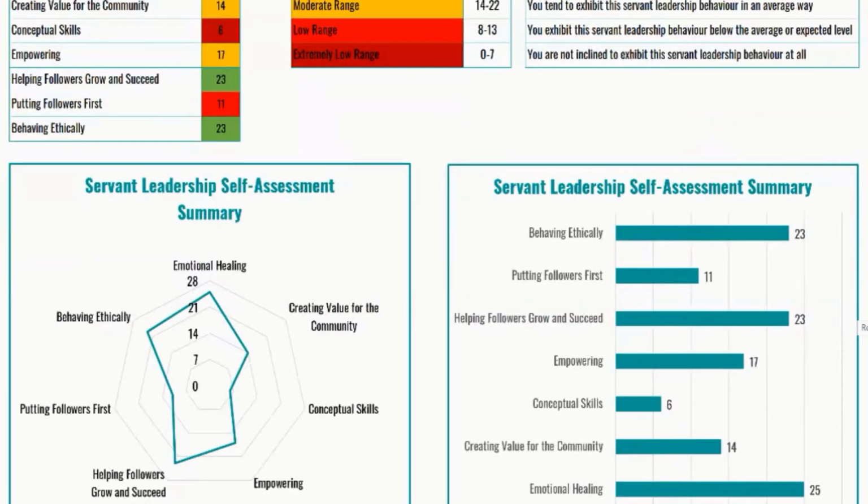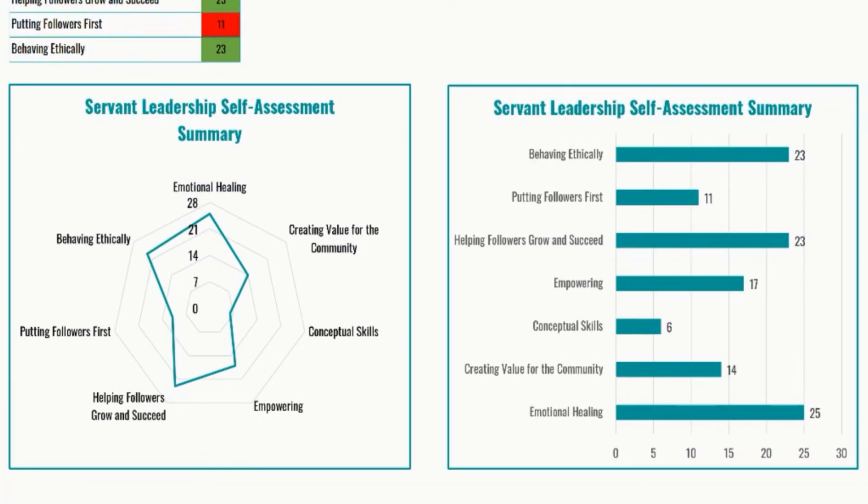So if the purpose of completing this questionnaire was to see whether your current leadership style is aligned with servant leadership style, you can see where it is and where it isn't based on the high and low scores that you achieved. And if you completed this questionnaire to try and improve your ability to be more effective as a servant leader, you can see where you are underperforming and where you may need to change some of your behaviours and approaches to work and leadership to enhance some of those underperforming areas.